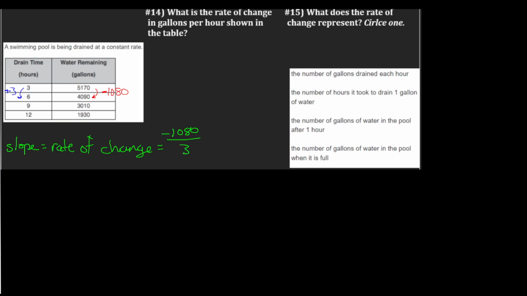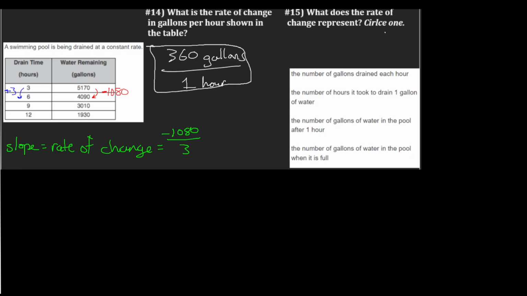Because it's asking for gallons per hour, I need however many gallons for every 1 hour. So this is going to be 360 gallons for every 1 hour. So that is for number 14.